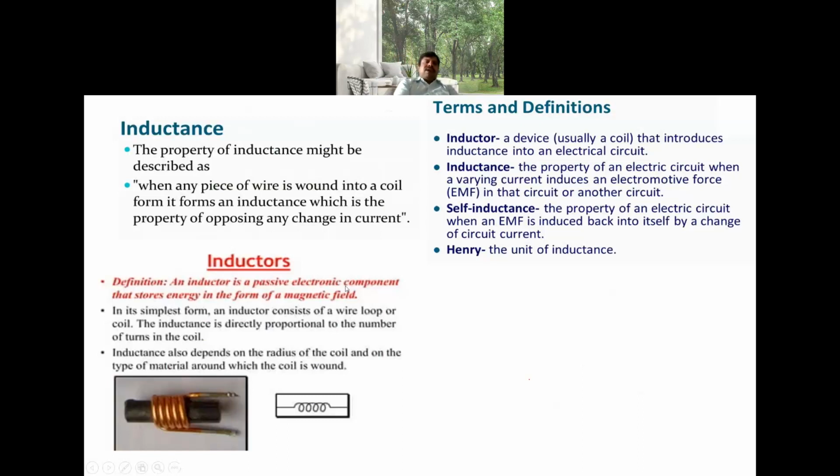So an inductor is a passive electronic component that stores energy in the form of a magnetic field. We know the thumb rule. According to the thumb rule, if we hold the current carrying conductor with our right hand thumb, such that the thumb is in the direction of current flow, then the remaining fingers encircle the conductor.